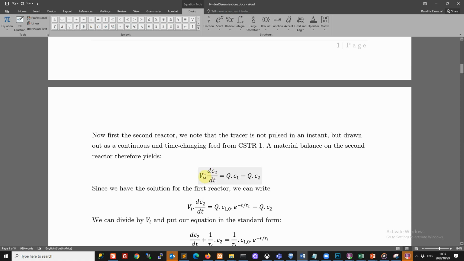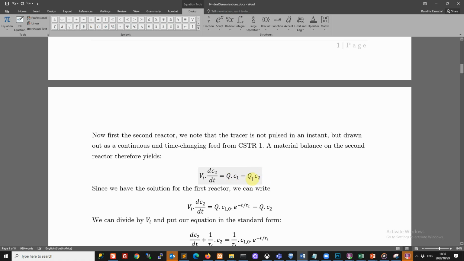We can say the volume of the second tank, again, that could be written as V2, but to emphasize it's the same as all the other tanks, we write V_i. So the volume times the concentration, that's the number of moles in the tank. So the rate of change of moles in tank 2 equals the rate of moles of tracer flowing in from tank 1 minus the rate at which moles of tracer are leaving tank 2.